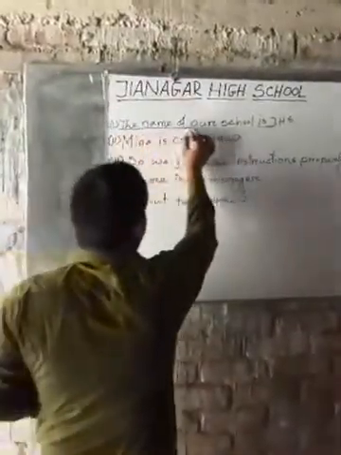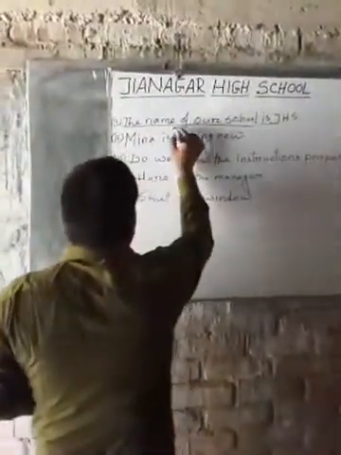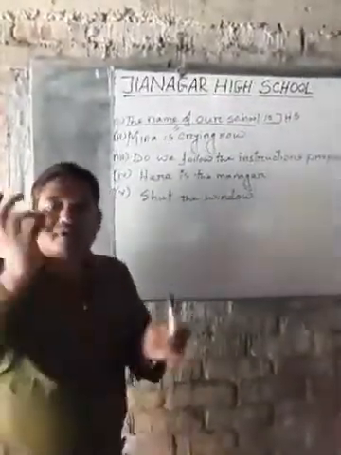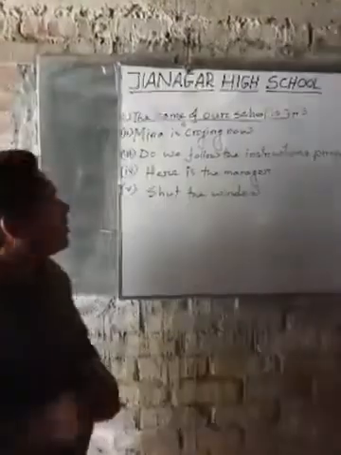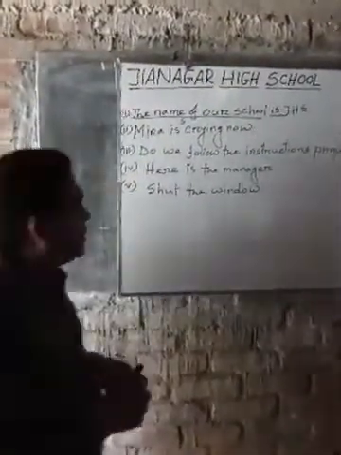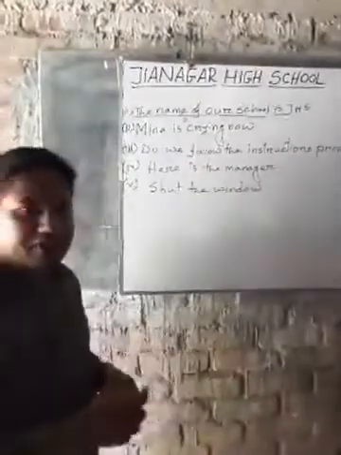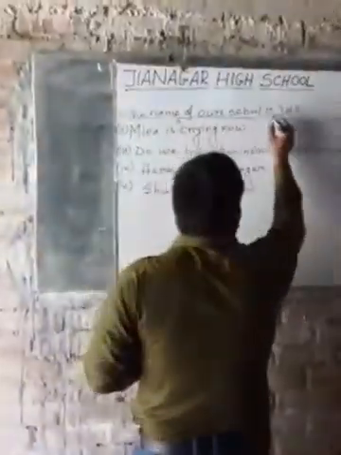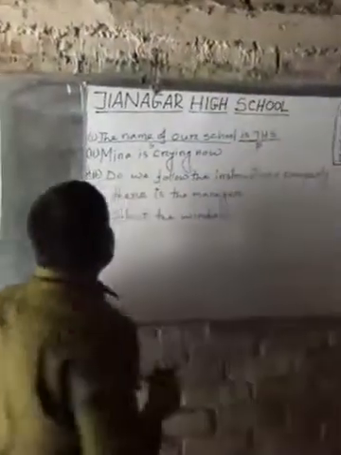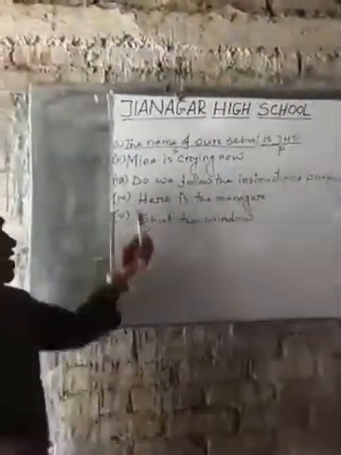So we can say the name of our school is subject. We know that generally a subject sits before the verb. So the name of our school is here subject, and is up to the last word is called predicate. Is Jayanagar High School is predicate. Next sentence, Mina is crying now.